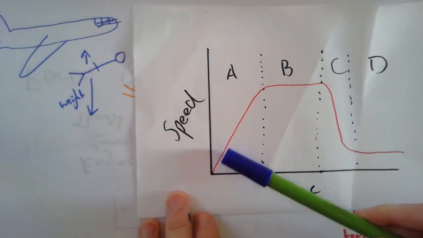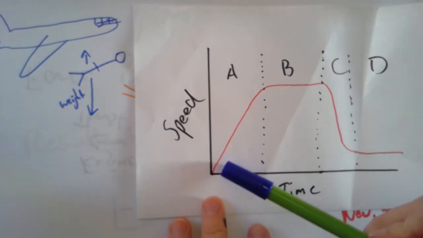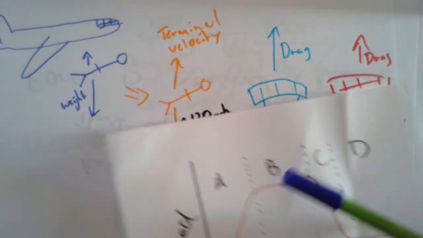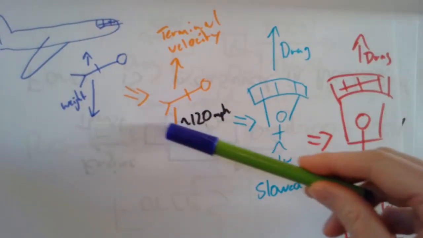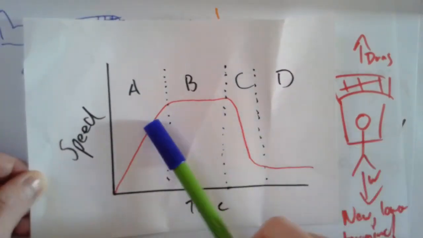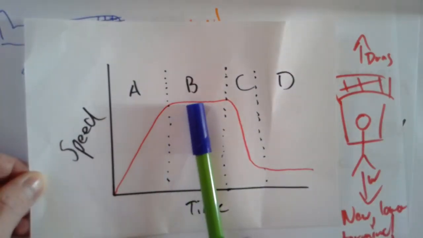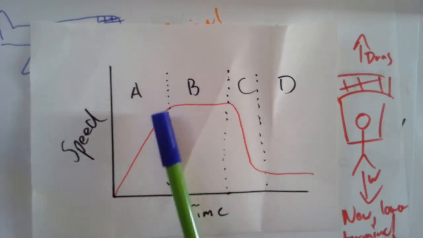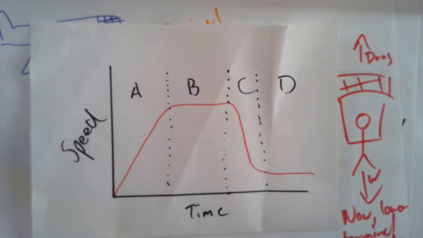As my speed increases, my drag increases as well, until at B, I've reached my terminal velocity. My two forces are balanced, and I'm not going to get any faster. Speed is constant. Newton's first law is obeyed. My acceleration is 0 because my resultant force is 0.